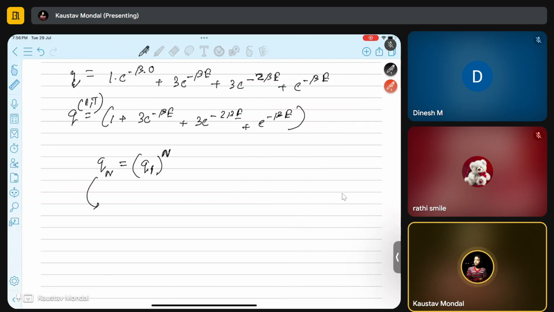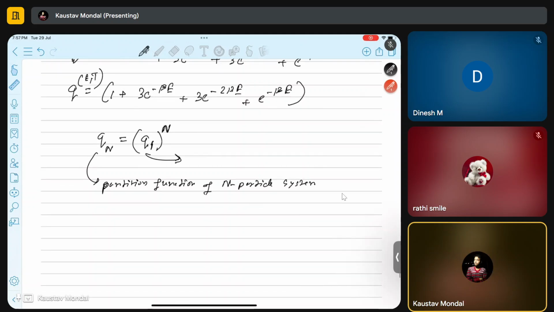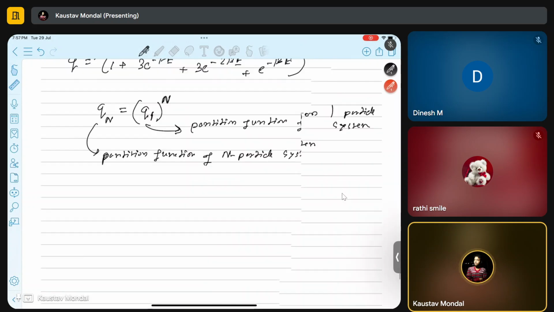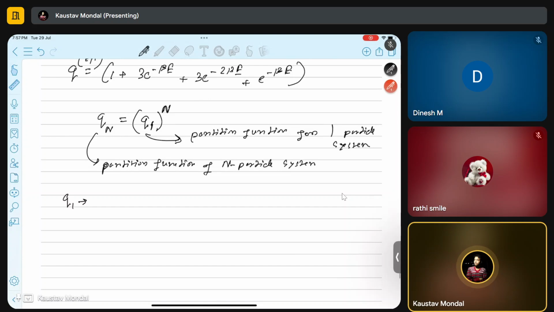Here Qn is basically the partition function of the n particle system, and Q1 is the partition function for a one particle system.